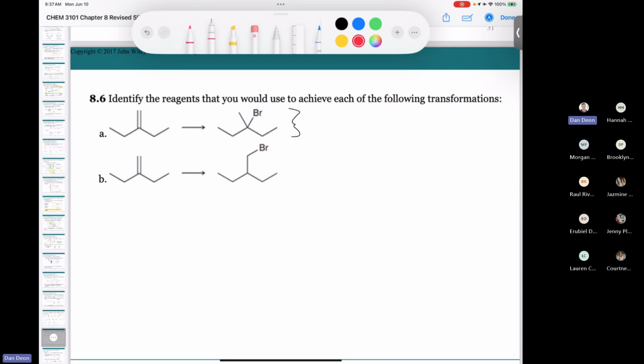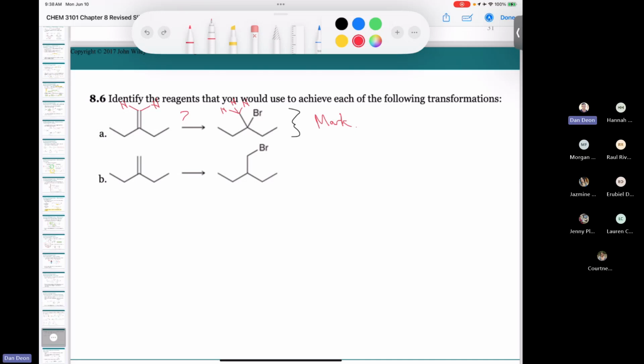Because this carbon has two hydrogens. This carbon has none. And so this carbon now has 1, 2, 3. So this is a Markovnikov addition. So if it's a Markovnikov addition, what are the conditions going to be? Could anybody tell me what the reagent is that I would use here? Just a plain old Markovnikov addition, what would my reagent be? HBr.